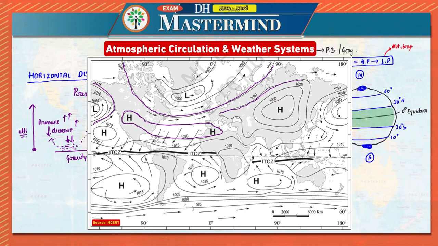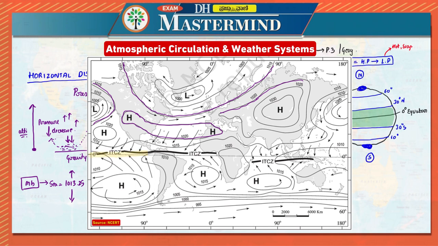We had seen in the previous part that pressure is measured in units of MB, which stands for millibar. The MB at sea level is 1013.25. If it is more, there is more pressure; if it is less, there is less pressure. Let us look at it from the equator only.